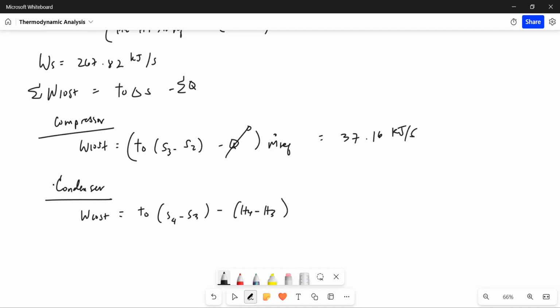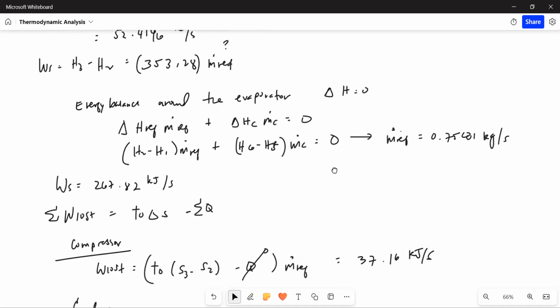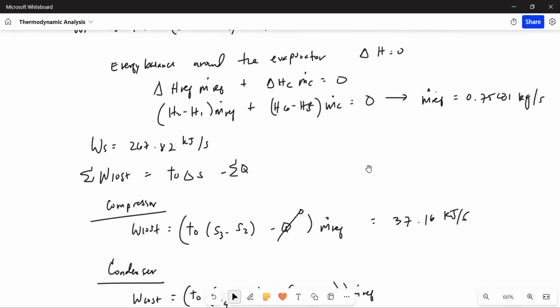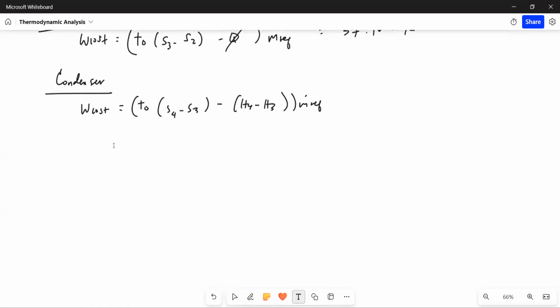And multiply everything with the mass flow rate of the refrigerant. Everything is already determined, so just plug in the values. You will get 74.46 kilojoules per second.